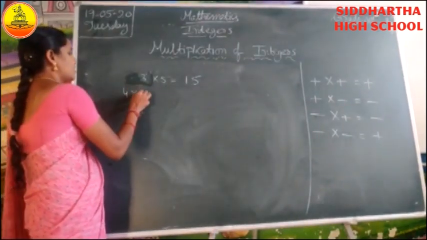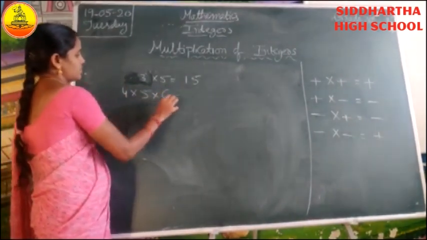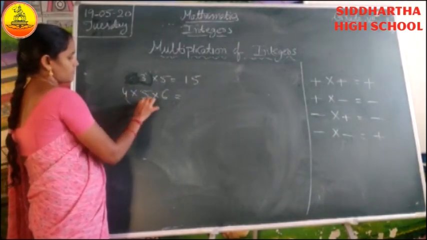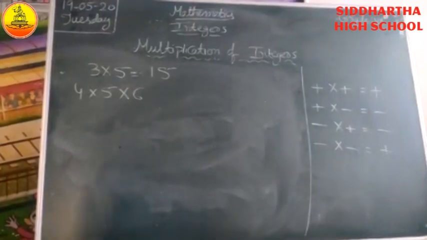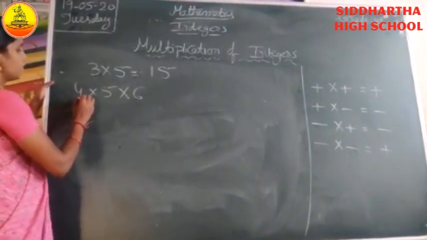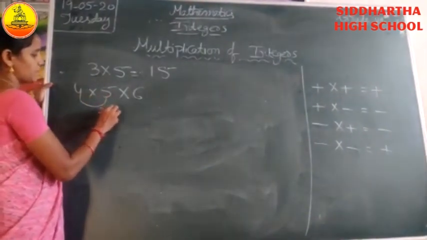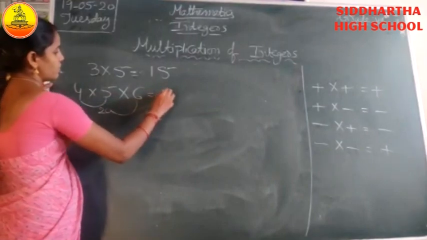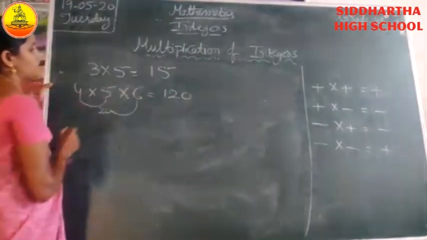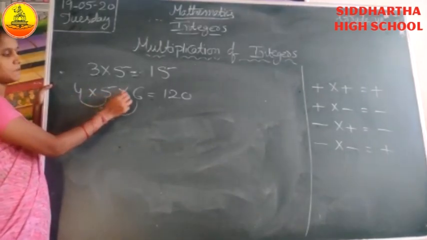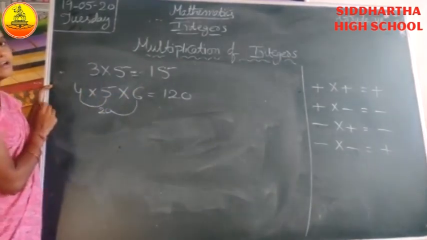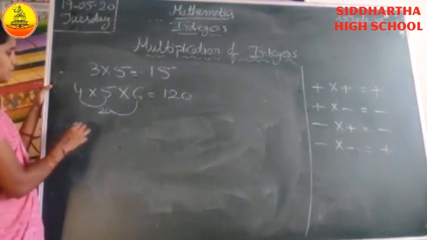Next, 4 into 5 into 6. 4 5 is 20. Okay. 20 into 6, how much? 120. So here, this is a positive integer. Plus into plus, plus; plus into plus, plus. Again you get a positive integer as a result.